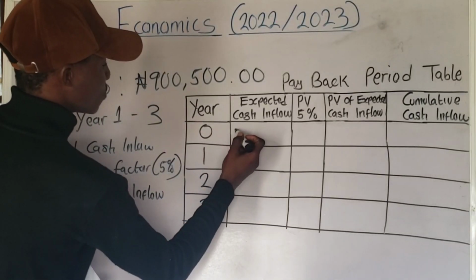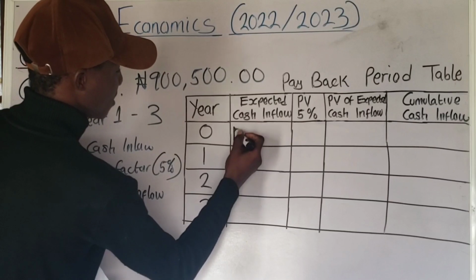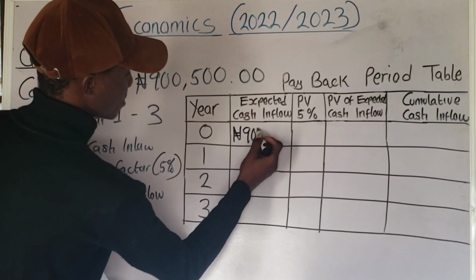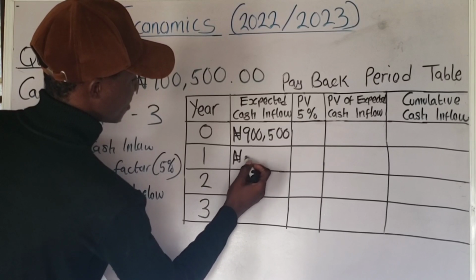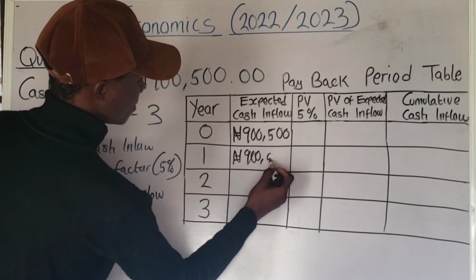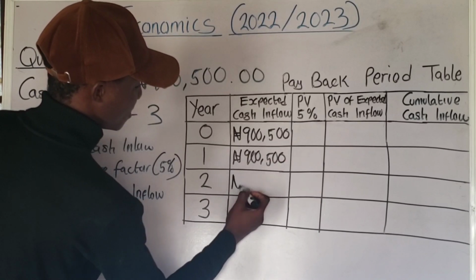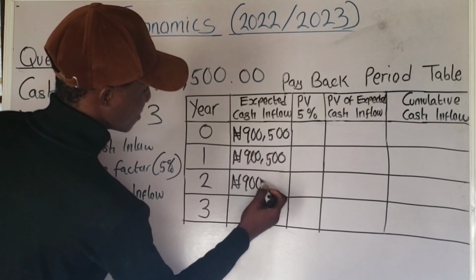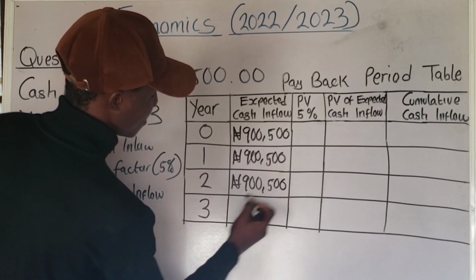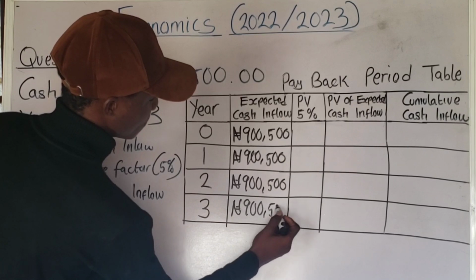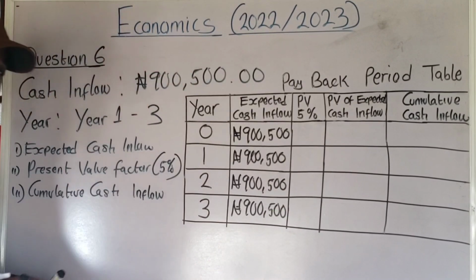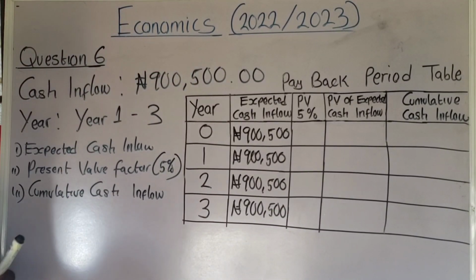So I'm going to have 900,500 naira, 900,500 naira, 900,500 naira, and 900,500 naira. That is the cash inflow that we are given in the question.